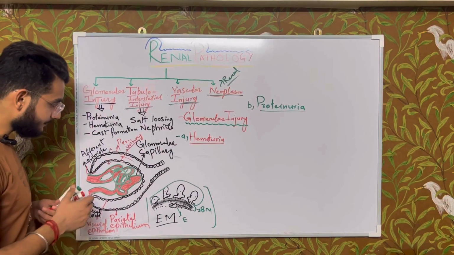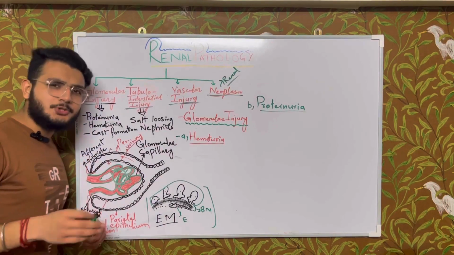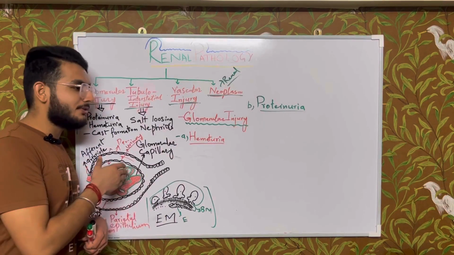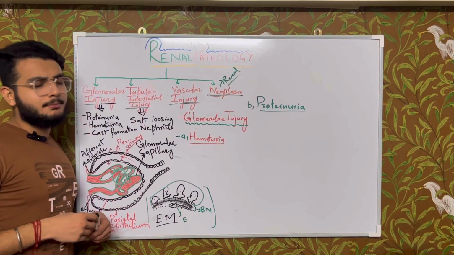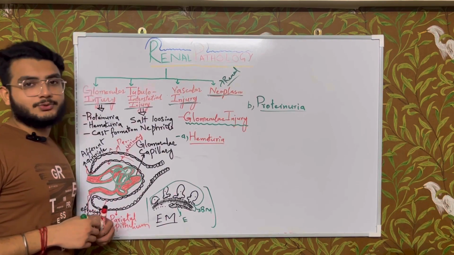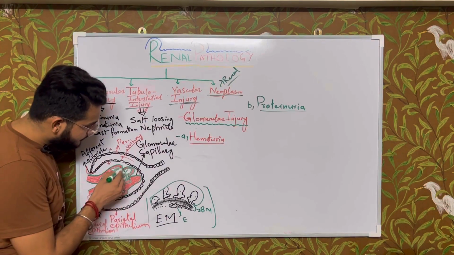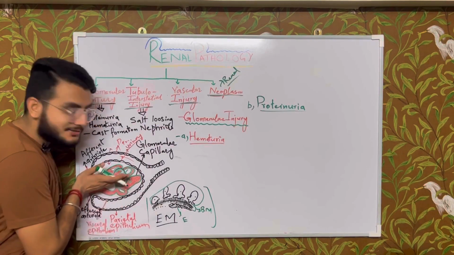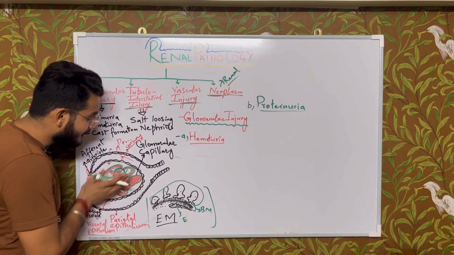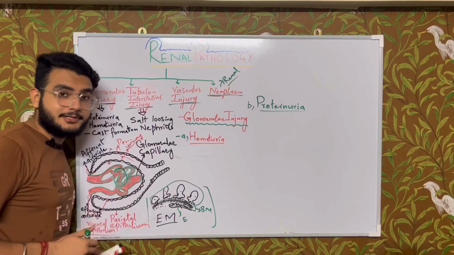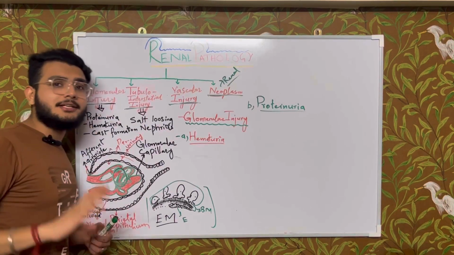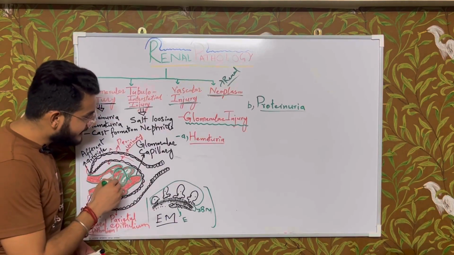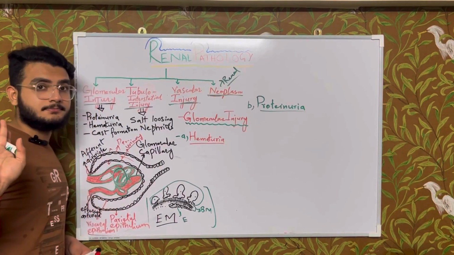Now, let's assume that this is the light microscopic visual of glomeruli. With the light microscopic visual you cannot fully understand what is present within these glomerular capillaries. With the light microscope you can only see it as a single layered structure.